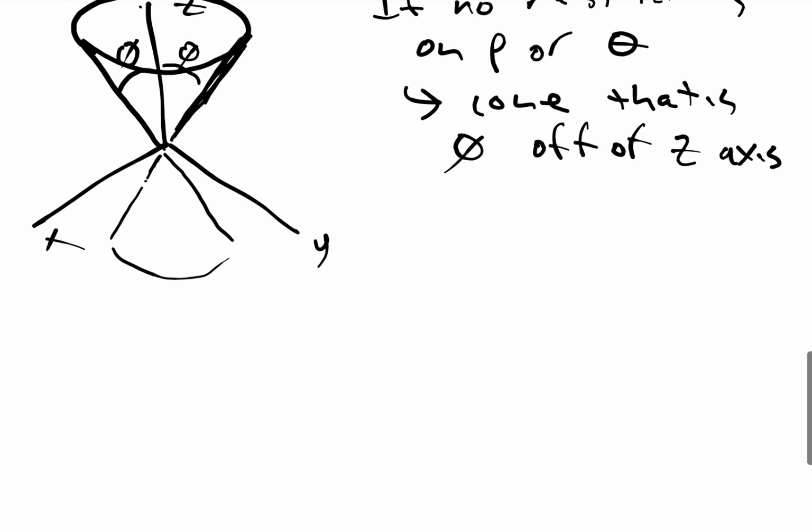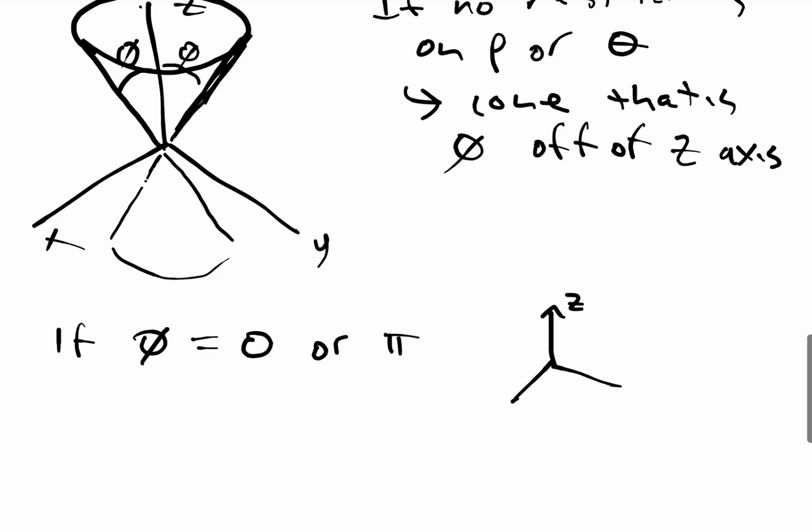I will go ahead and mention these other special cases. If your phi ends up being 0 or pi, well, if you are 0 radians off of the positive z-axis, you basically have to be on the z-axis. We've mentioned that if you're not restricting rho, you can also go in the opposite direction. You're basically going to get the z-axis, okay?